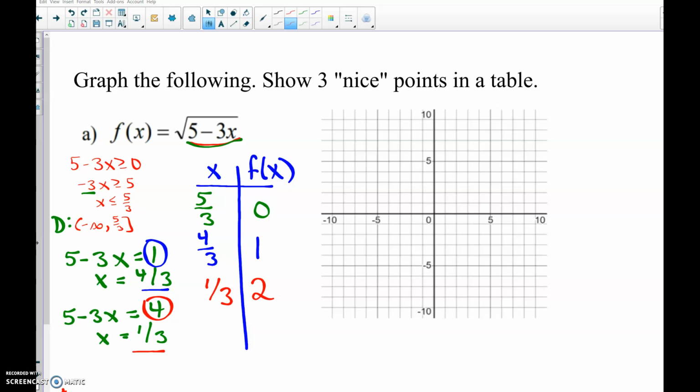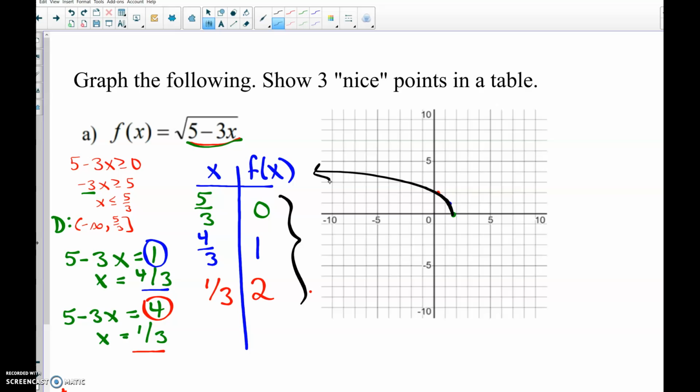Take a moment and graph those 3 points. Change your x-axis scale if you would like to make your points a little bit easier. I'm going to keep the scale just because that is what I have here. Notice my points based on color from these 3 points on the left here. So my graph will look like this.